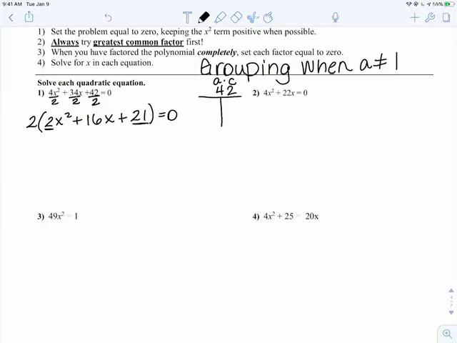Now I'm looking for two numbers that when you multiply them together, you get 42, and when you add them together, you get 16. I'm going to use my calculator, build myself a table, and see if I can identify two numbers that will multiply together to give me 42 and add to give me 16.